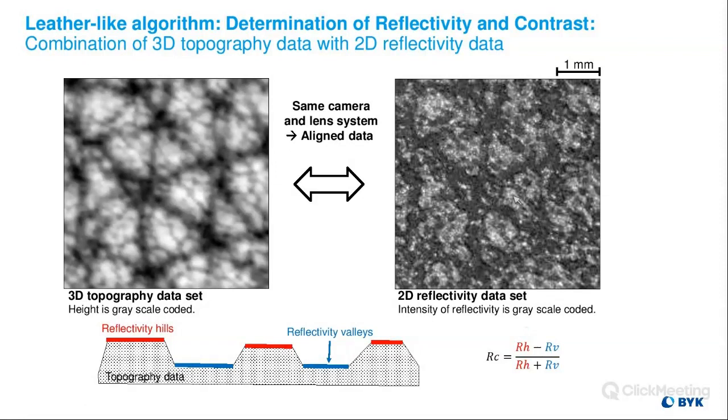So it can overlay the reflectivity of the surface on top of the topography measurement and figure out what the reflectivity is at each elevation along the surface. So we know what the reflectivity is of the highest points as well as of the lowest points, and we can now calculate the reflectivity contrast.